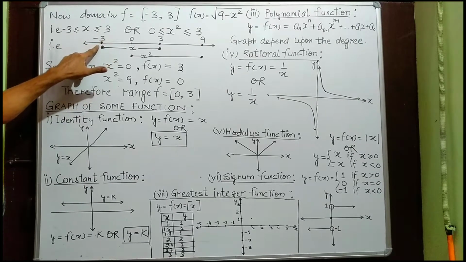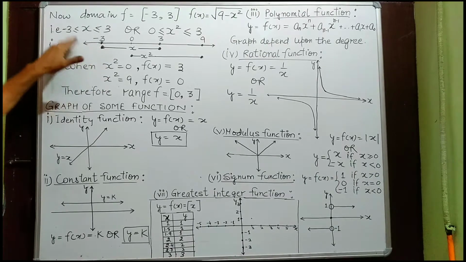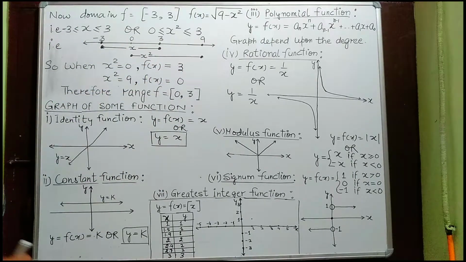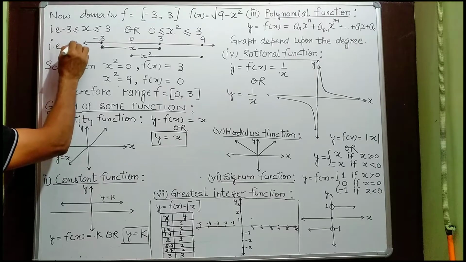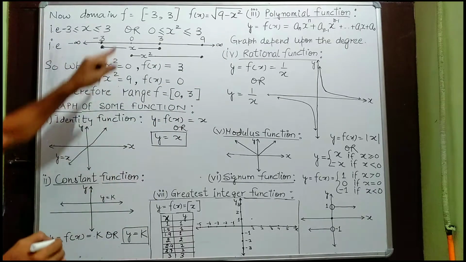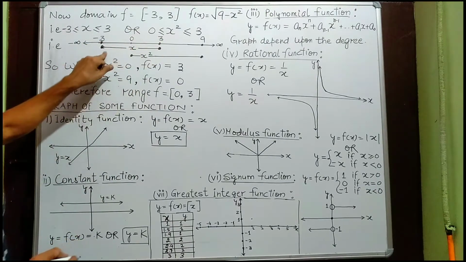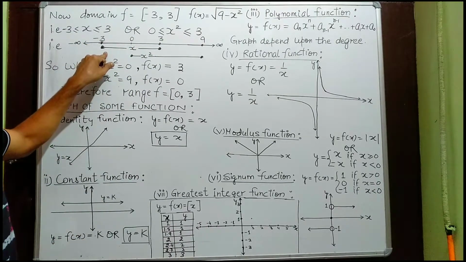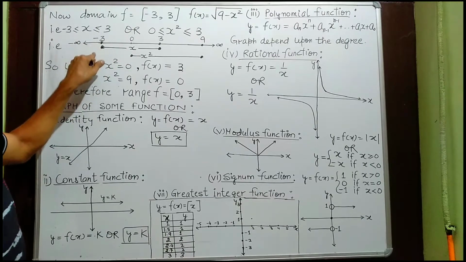Now you can understand this with the help of a number line. This is your number line from minus infinity to plus infinity. Now here is minus 3 to 3. So now you can see the range of x, that is, x can vary from minus 3 to 3.